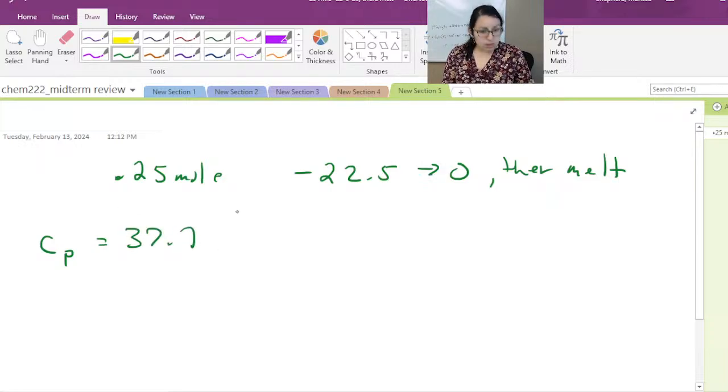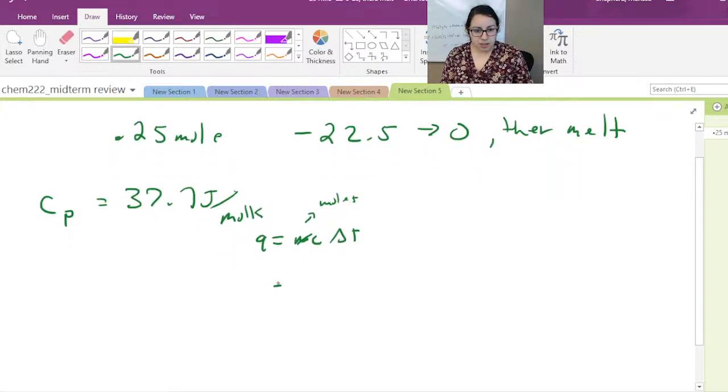We were given joules per mole Kelvin, but remember Kelvin goes up the same. So our first part was Q equals mC delta T, except we didn't really have mass, we had moles instead, which was tricky.